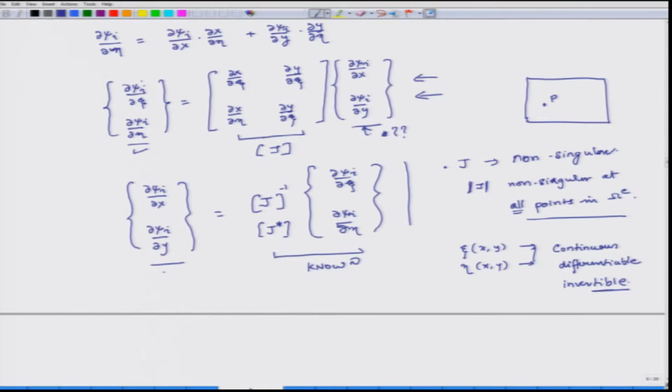They should be continuous, differentiable, and invertible. So, it has to be non-singular, because if it's not non-singular at all points, then we cannot have this inversion, and then we cannot compute partial derivatives of psi with respect to x and y in terms of their partial derivative in terms of zeta and eta. So, this is important. So, what we will do is we will do an example, or actually 3 quick examples.